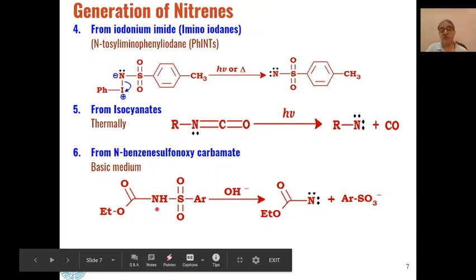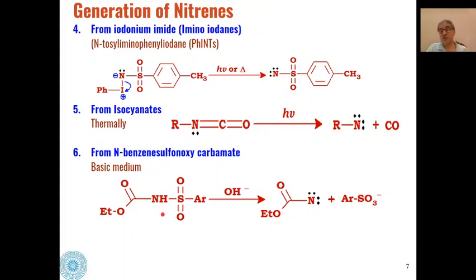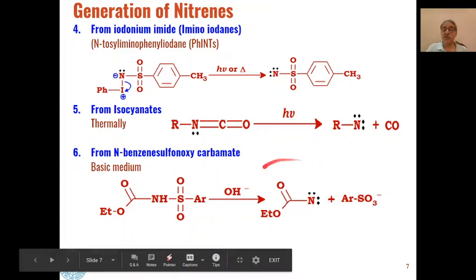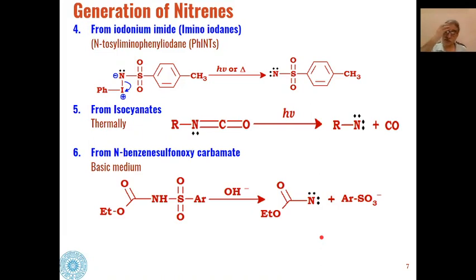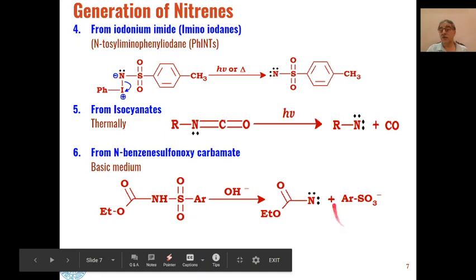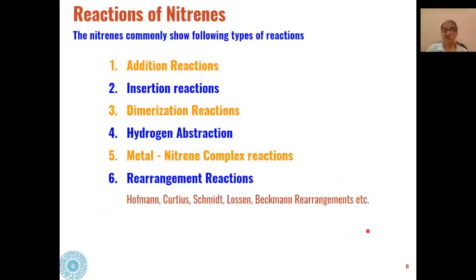So when N-benzenesulfonoxycarbamates are reacted with a base, the base will first remove the proton present on the nitrogen, and then ultimately we will get these types of nitrenes as the product with the elimination of aryl sulfonic acid.